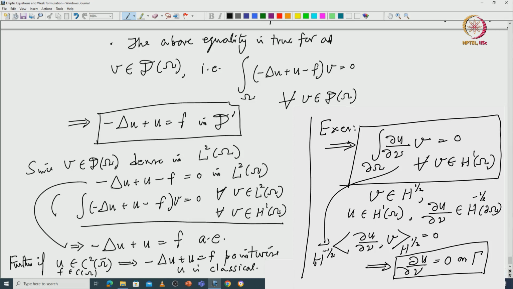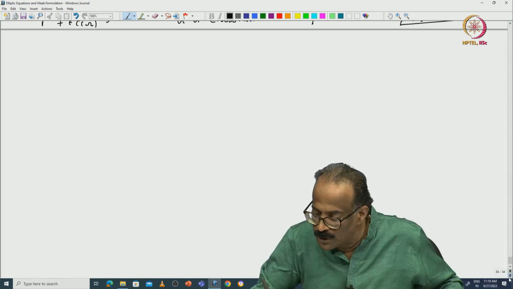That means du by d nu in the general case is equal to 0 on gamma wherever it is. So, you can interpret it that way. You can try all these things here. So, I more or less stop here.